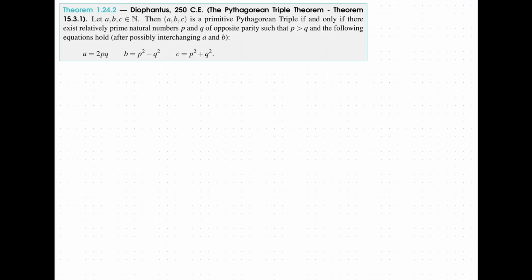So we're going to prove the backwards direction first. If we start off by assuming this here, then we want to show that it's a primitive Pythagorean triple. So observe that a squared plus b squared is going to be 4 times pq quantity squared, plus b squared, which is p squared minus q squared quantity squared.